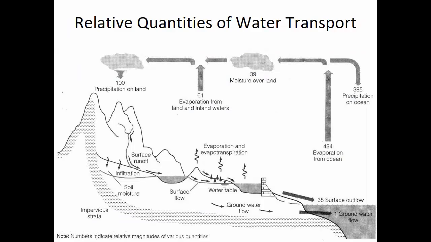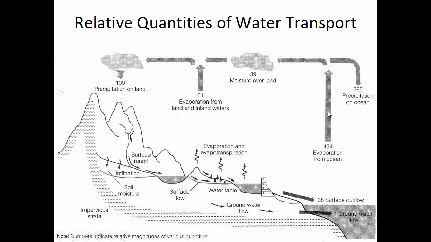The textbook also has a quantitative breakdown of the amount of water over the entire Earth's surface. These are averages. So for instance, if we say that we're going to have 100 units of precipitation onto the land, then in order for that to occur, we have to have 424 units of evaporation from the ocean.